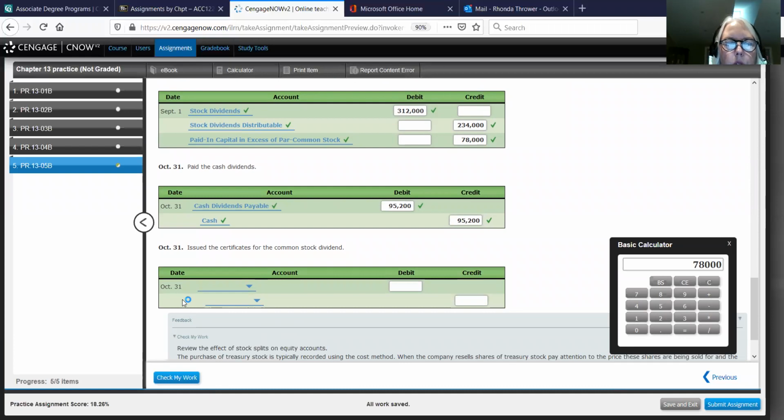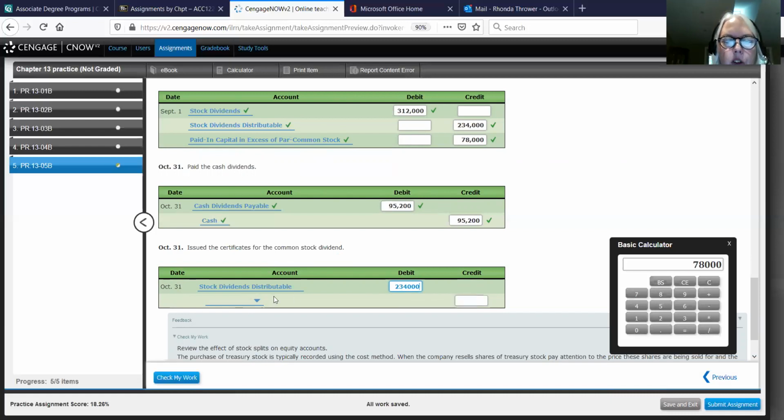And on October the 31st, we are also going to issue the certificates for the common stock dividend. So this stock dividend distributable is going to go away. It was originally credited. Now we're going to debit it for $234,000.